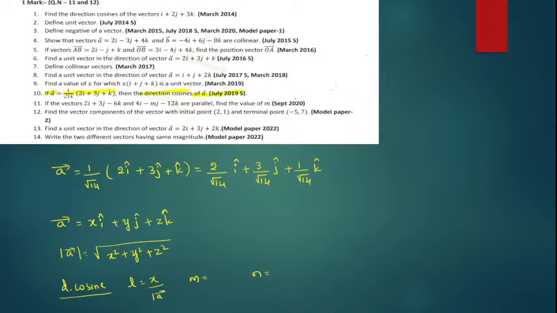Here I have taken the vector as A, so I will write x divided by magnitude of A. m is y divided by its magnitude, and n is z divided by its magnitude.